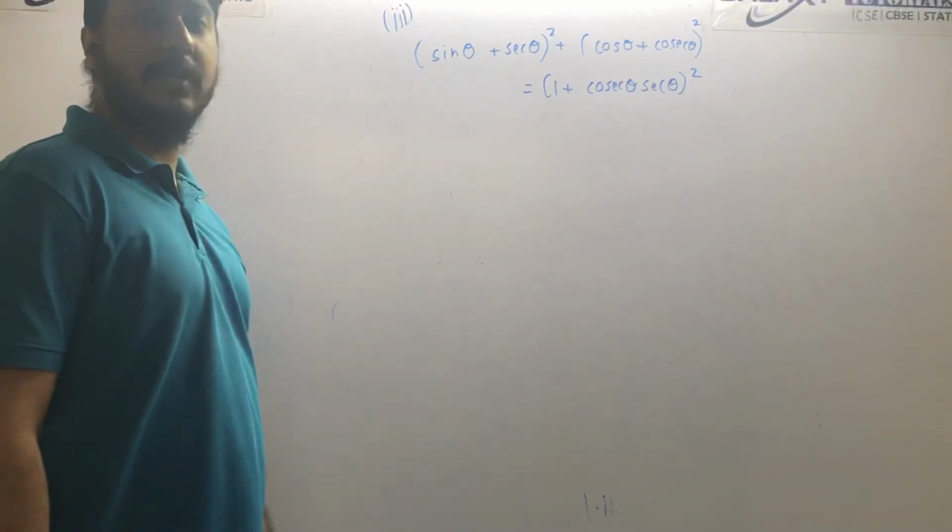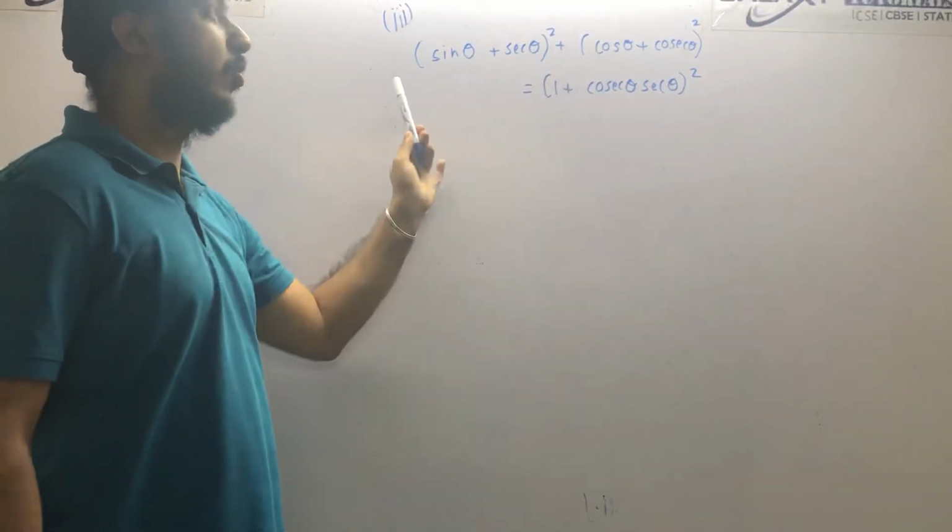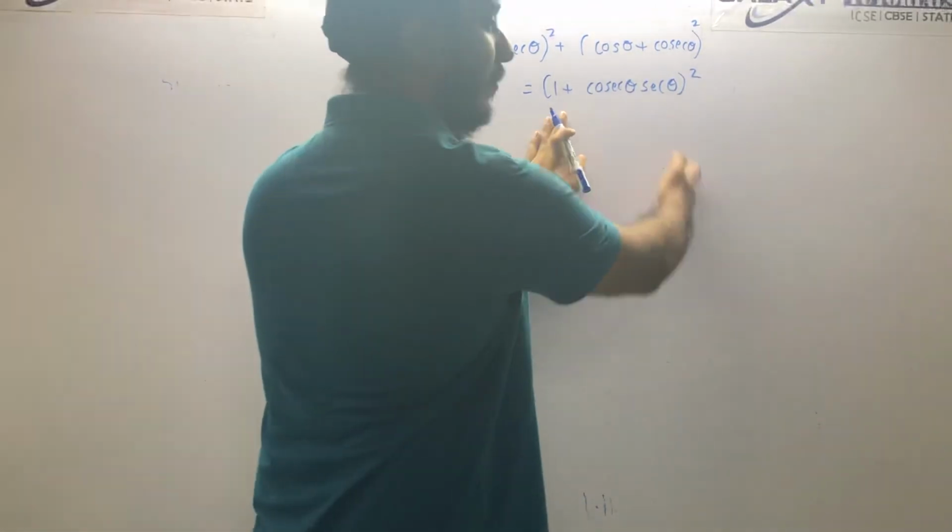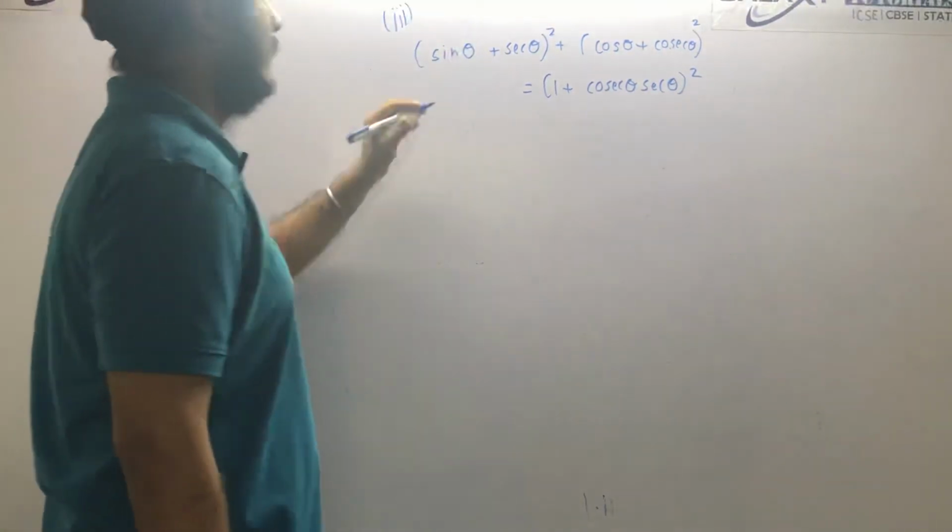So which side will you proceed with? Obviously the left side, because the left side is the more complicated one. The right hand side is already a little bit compact. So you will proceed with the left hand side.